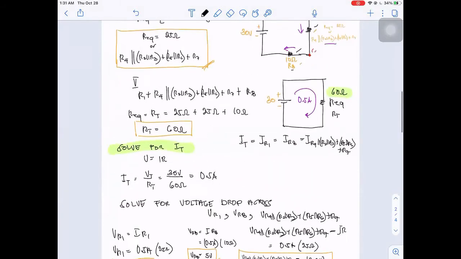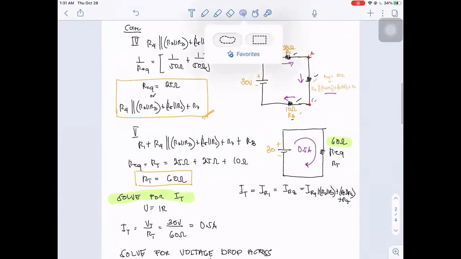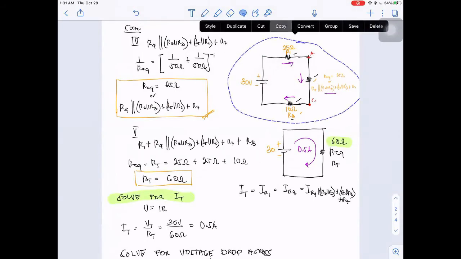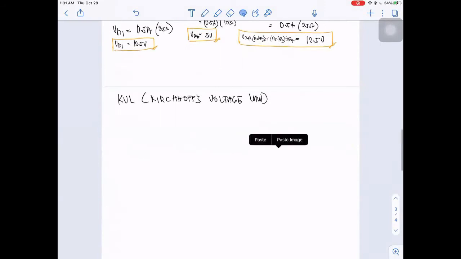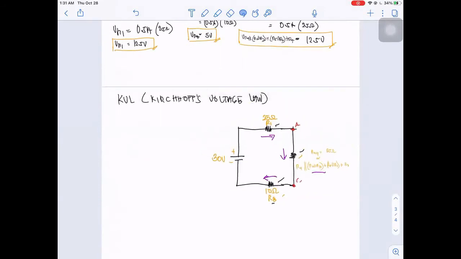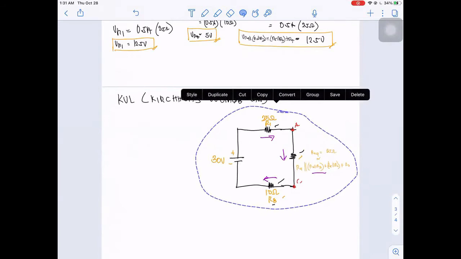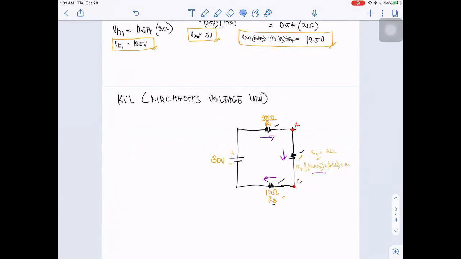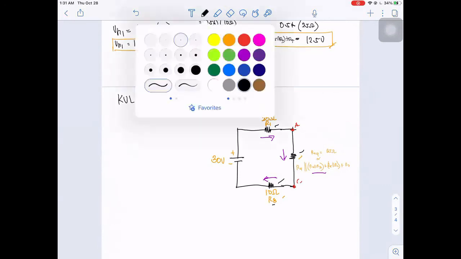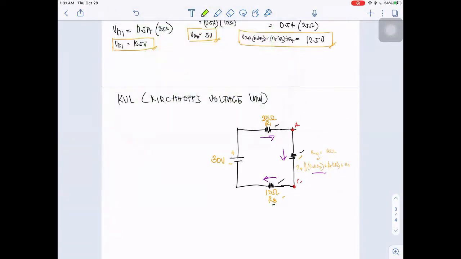So let us look into our entire circuit. As we already know the voltage across all these resistors, we have a voltage drop here which is equivalent to 12.5 volts.